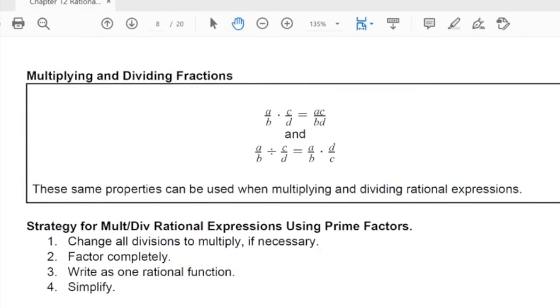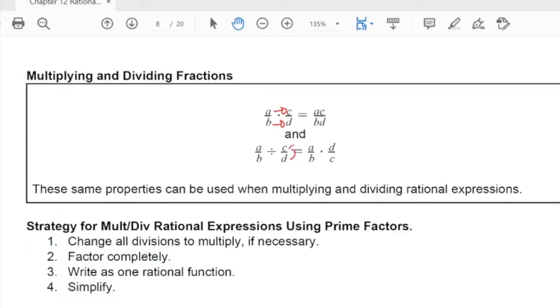Alright, now we're going to talk about multiplying and dividing fractions. So remember, when you're multiplying fractions, you can just go straight across: a times c and b times d. You can combine them. If ever you have a division symbol, you can turn that into a multiplication symbol by taking the reciprocal.